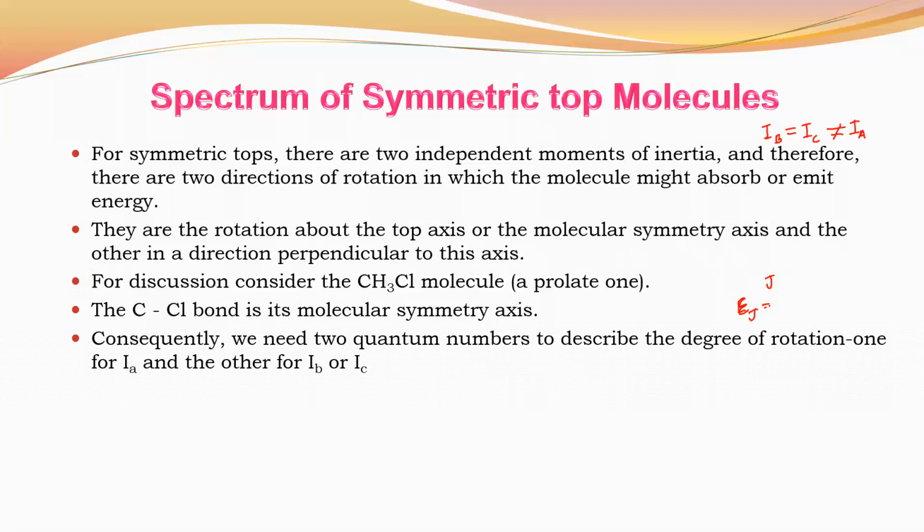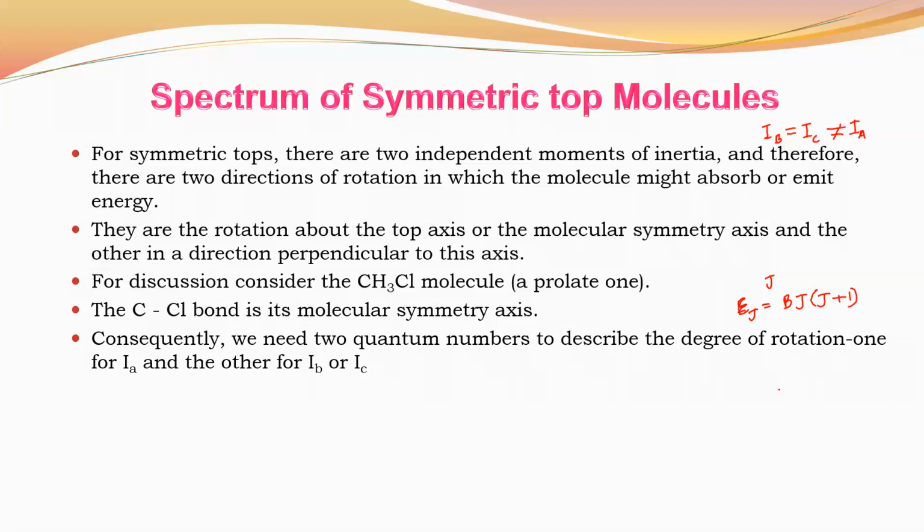The energy levels of a rigid diatomic molecule are represented as epsilon J is equal to B into J into J plus 1, where B is the rotational constant.